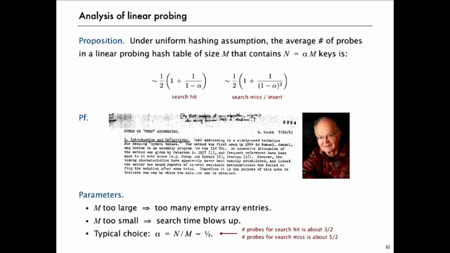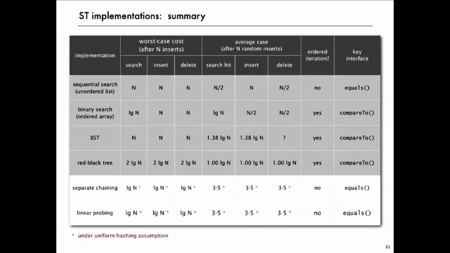So in summary, you can't have m too large. What we want to use nowadays is array resizing to make sure that the array is always about half full. If we can keep the array about half full, then we get constant time performance for search hit and search miss, and linear probing is very attractive in this case.